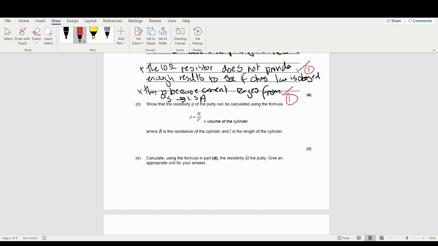This one, sorry about the editing. It should be this. On this one, so rho equals R over L squared times by V. And it's just proving that is for a wire.